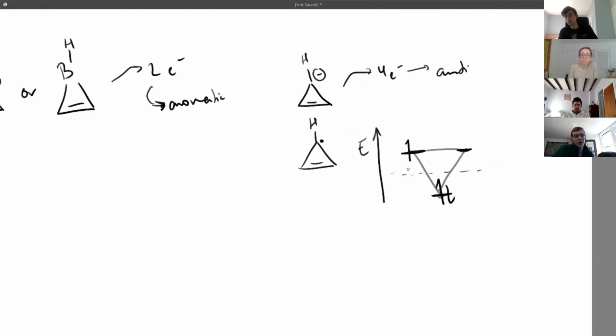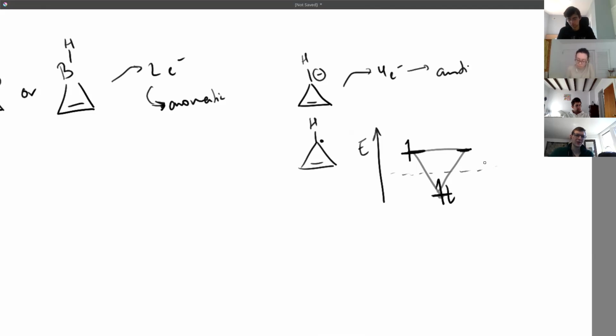This would certainly be unstable because it is a radical and they're generally unstable. On top of that, it has an electron in the anti-bonding orbital. That's kind of ugly and nasty. We don't really want that either.